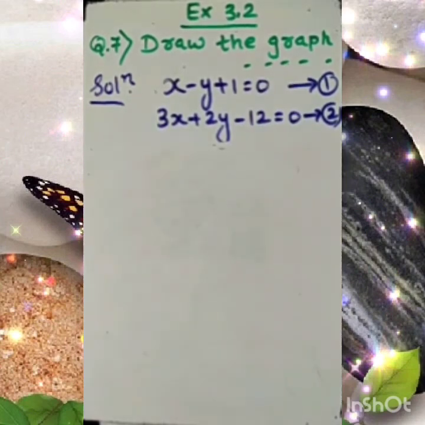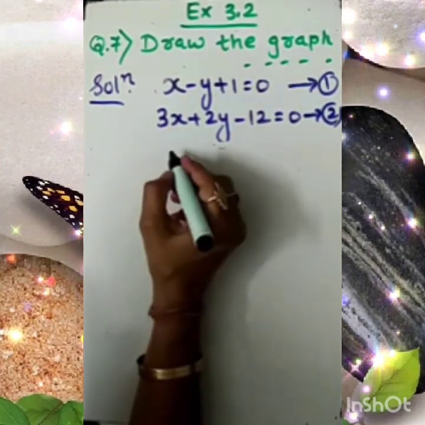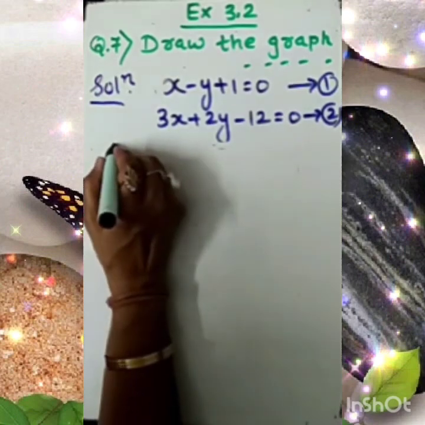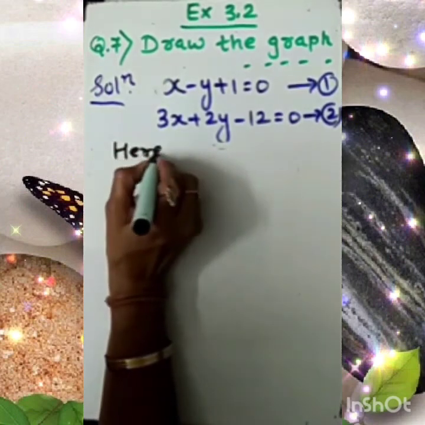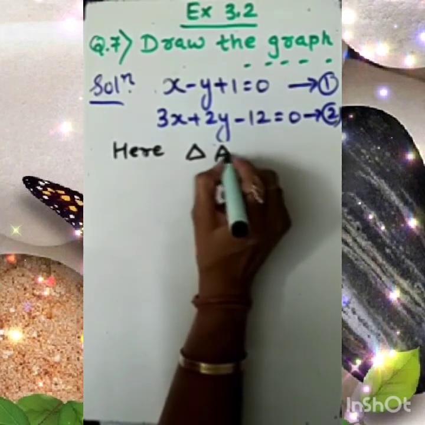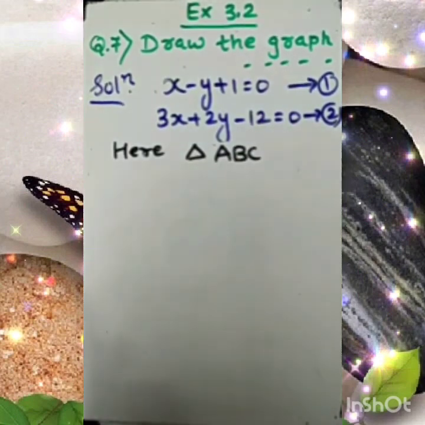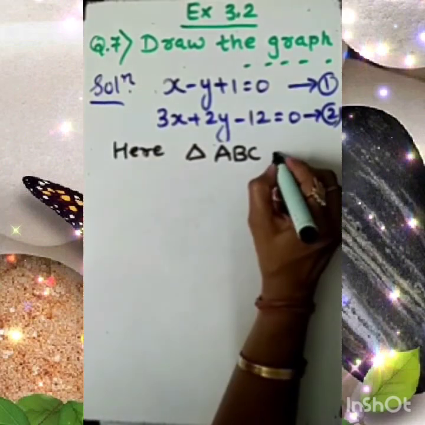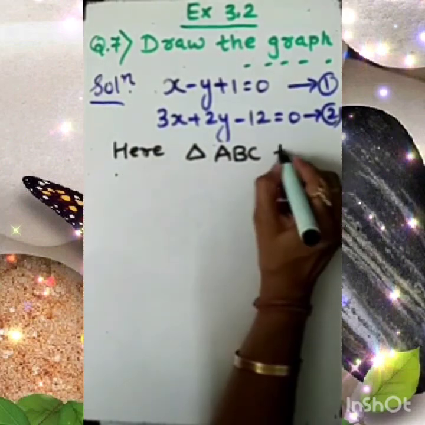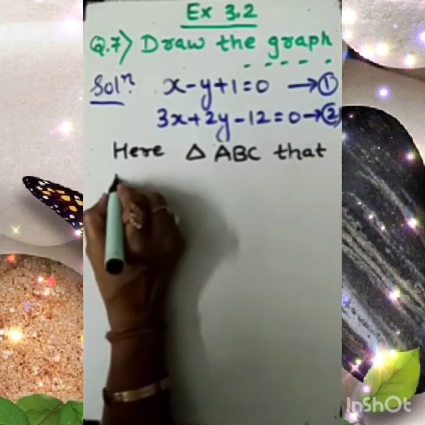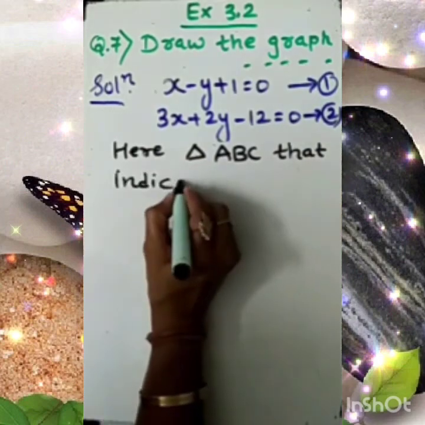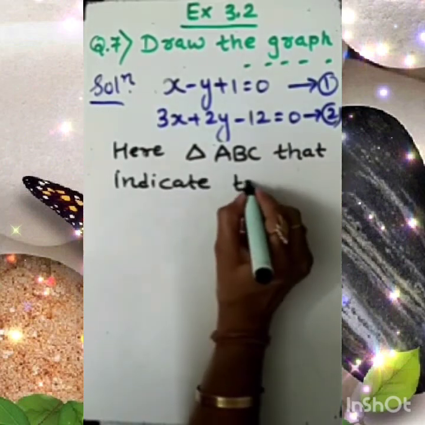So dear student, the conclusion finally we need to mention in a statement form: triangle ABC indicates the triangular region.